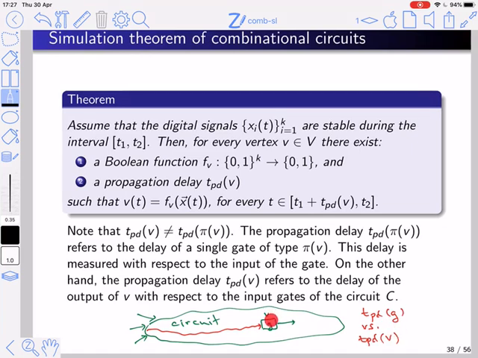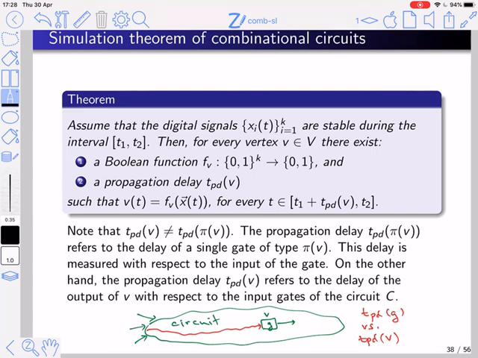The propagation delay of the AND gate is simply the time that elapses from the minute that the inputs of the gate are stable until the time in which the output reflects the values of the inputs. The propagation delay of V tells us how much time elapses from the minute that the inputs of the circuit are valid or stable until the output of V reflects the values of the inputs.